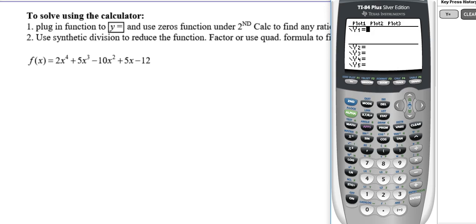So instead, since this is a calculator activity, and if you see a question like this on the calculator portion of the test, here's a nice, quick, simple way to get down to the meat of what you need to do.